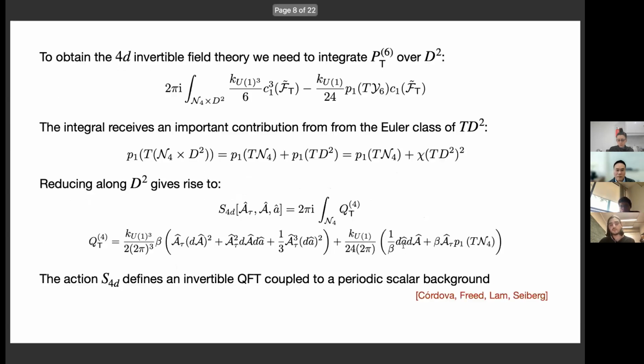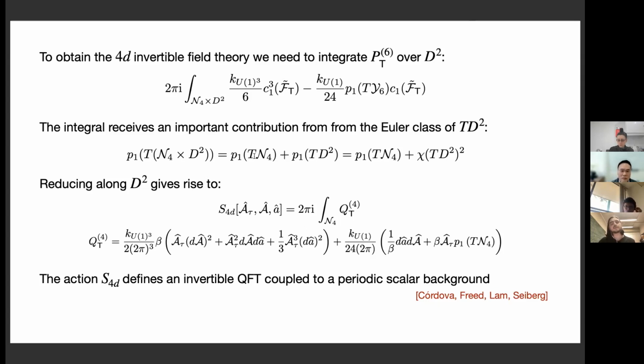Now, once we have this data, we can reduce to a four-dimensional invertible theory by integrating over this disk. So we literally have to compute the reduction of this integral over the disk. But there is an important point that we need to remember: because we choose the metric of a cigar, the contribution from this first characteristic class splits into the contribution of two pieces.